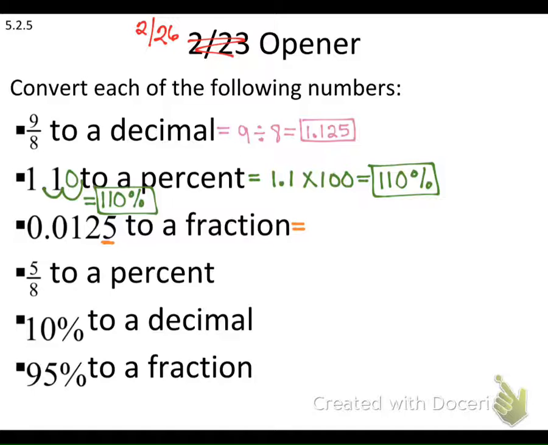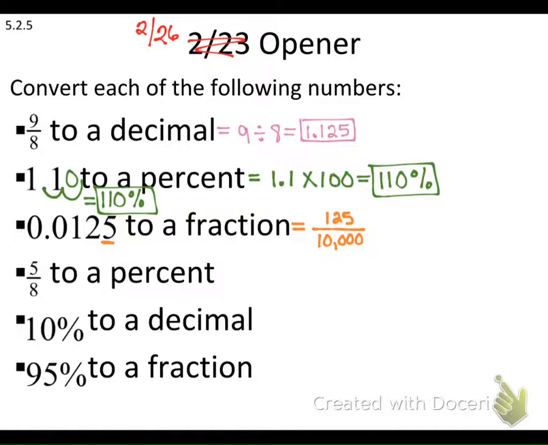What one is it? 10,000 you said? Because we have 10th, 100th, 1,000, 10,000. So my denominator is going to be 10,000, and then my numerator, 125. Basically, it's the number without the decimal point.